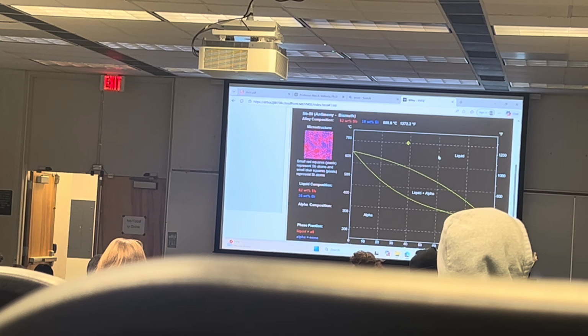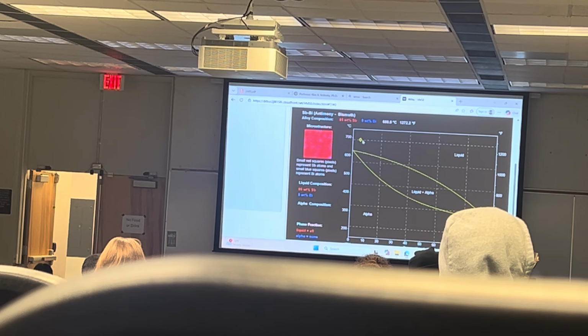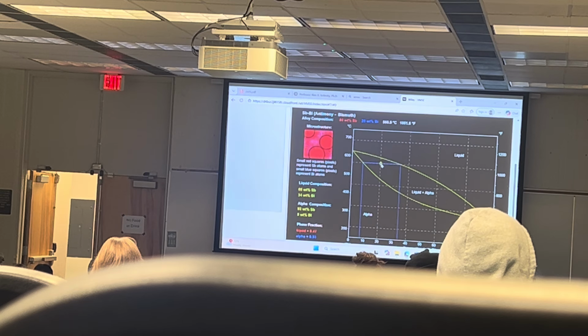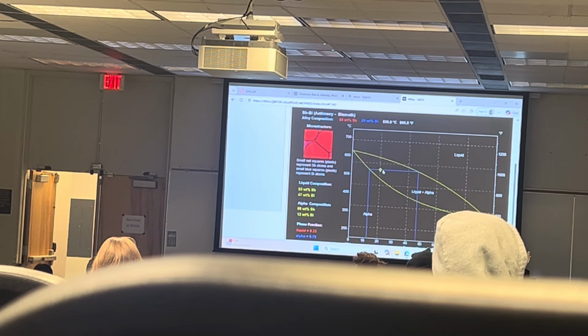Oh, here you can do any composition. It's showing you how the rings coalesce.